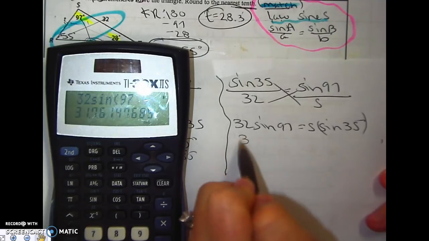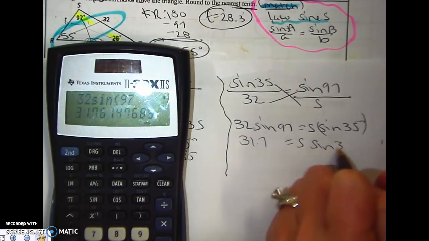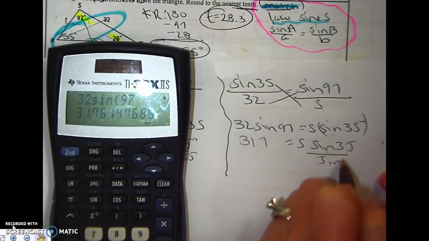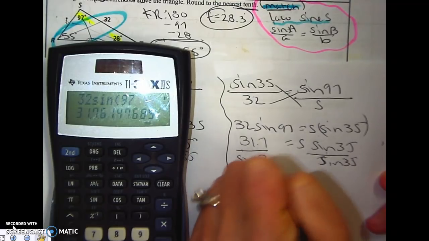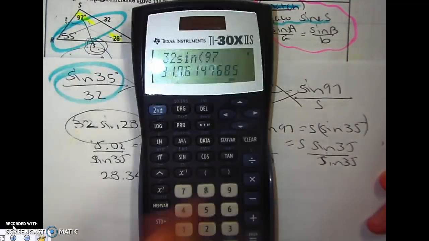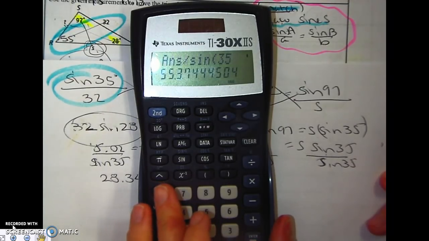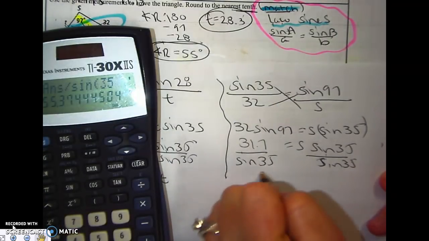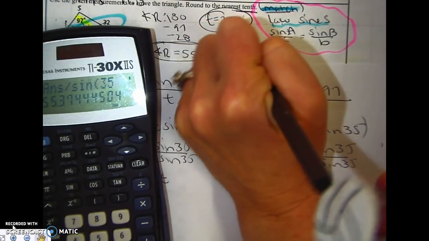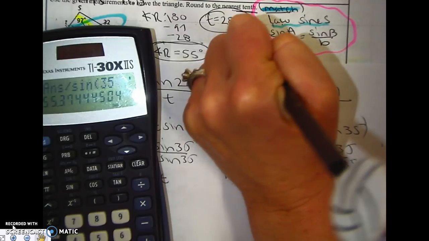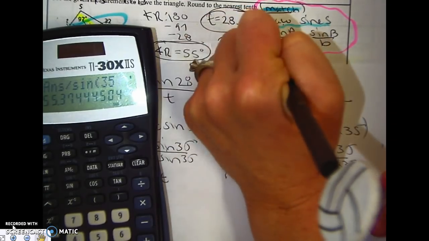And I get that value, about 31.7, equals s sine of 35. Divide by sine of 35. So I'm going to go divided by sine 35. And I get 55.4. So s is 55.4. Don't put degrees, because it's the length of a side.